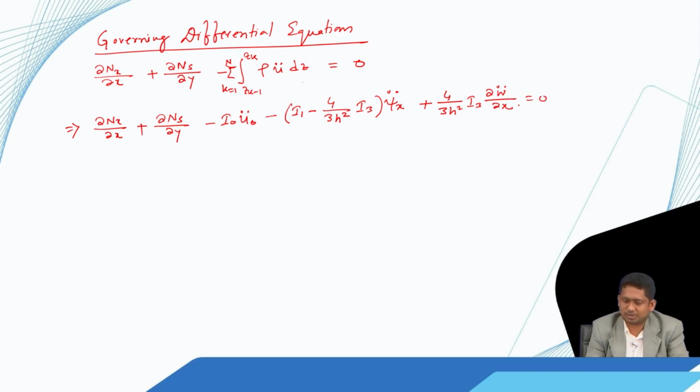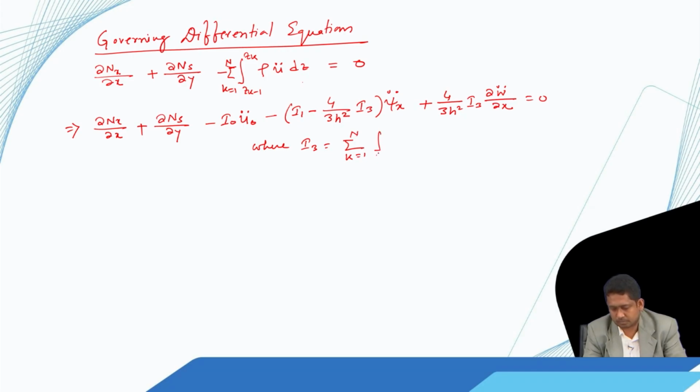So, here we get a new quantity called I3, where I3 is defined as integral of rho z cube from zk minus 1 to zk, and then sum up over all the plies.